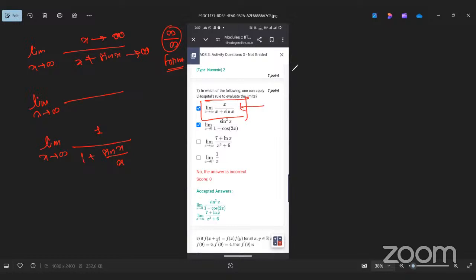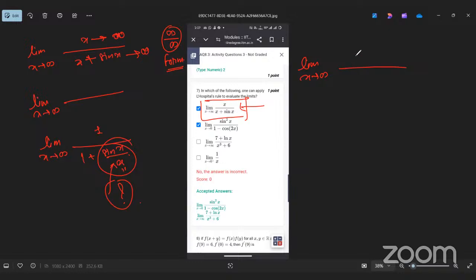So let's try to compute the limit if we apply L'Hospital rule. This is the infinity by infinity case, and here also you can apply L'Hospital rule. After finding the sine derivative as cos, what will you do? Afterwards the limit won't exist here. So after this step also we cannot find the limit.